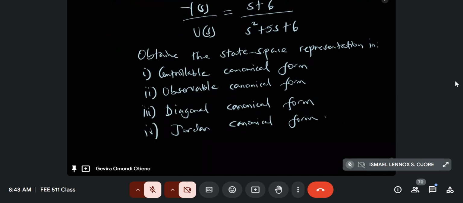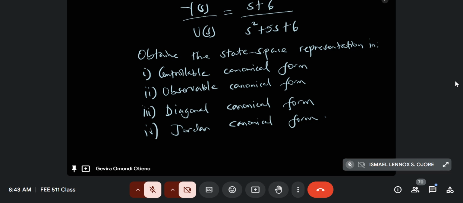Now, typically, you understand what to do when you are given a transfer function and asked to obtain the state space representation. The first thing you have to do is look at your transfer function.